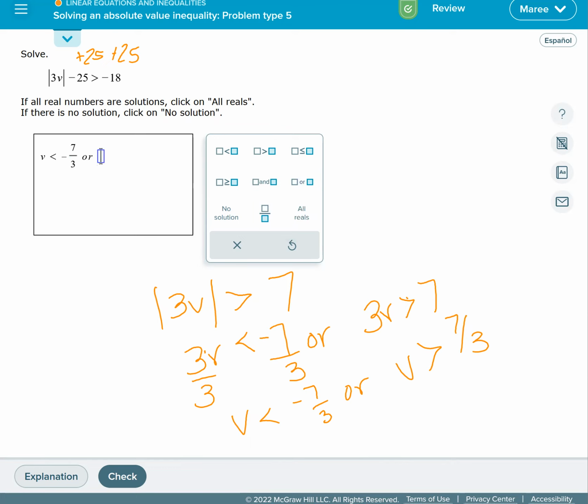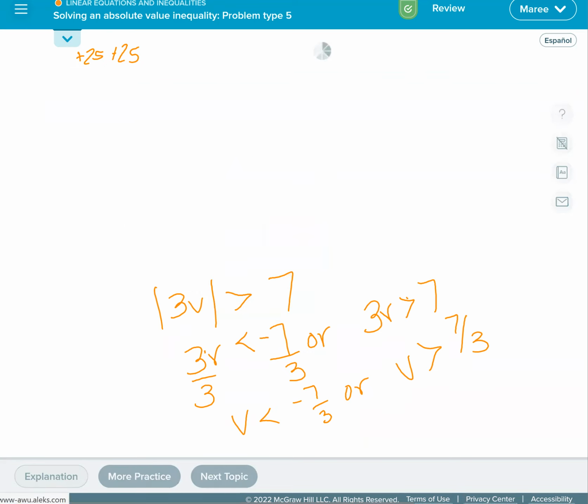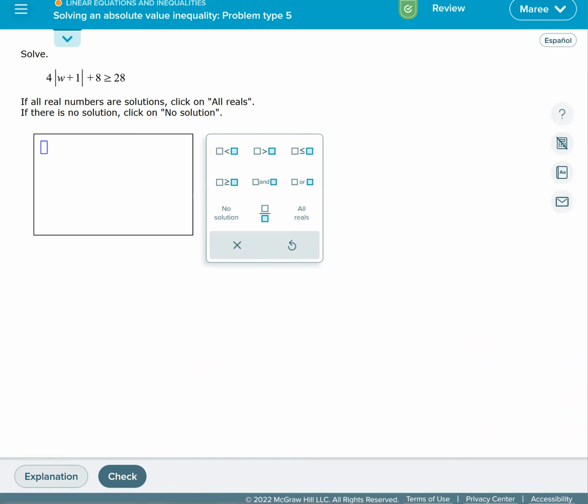Then we use the or. V is greater than 7/3. And let's do some more practice.